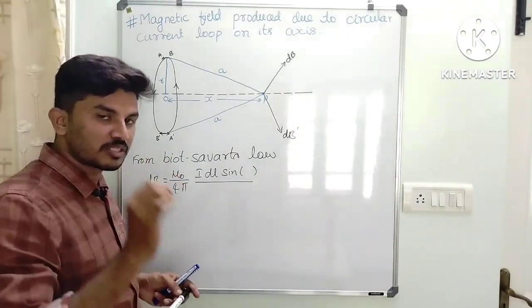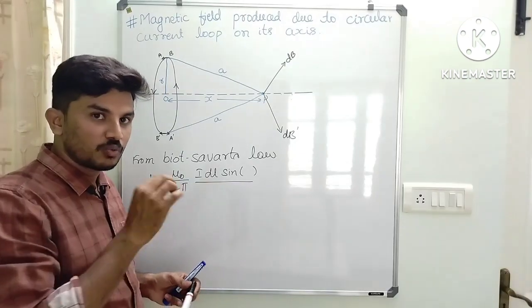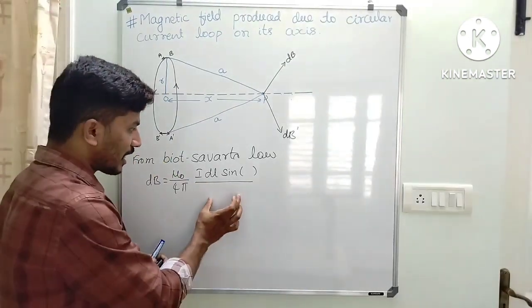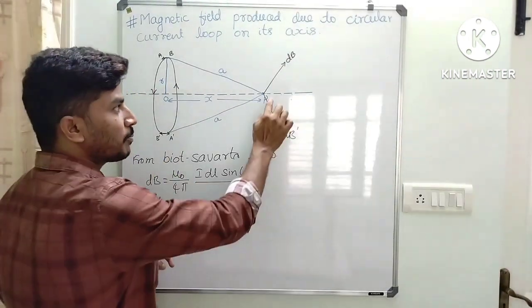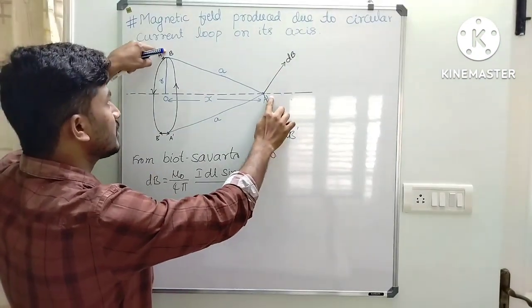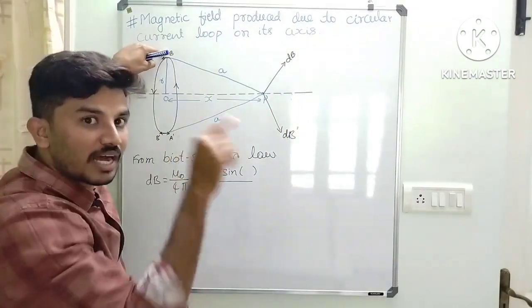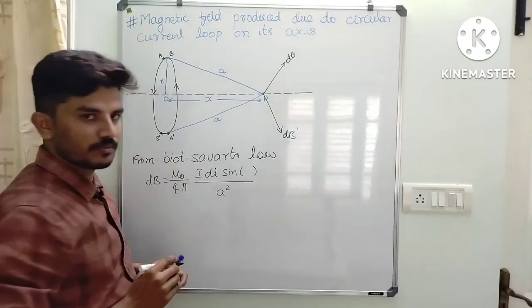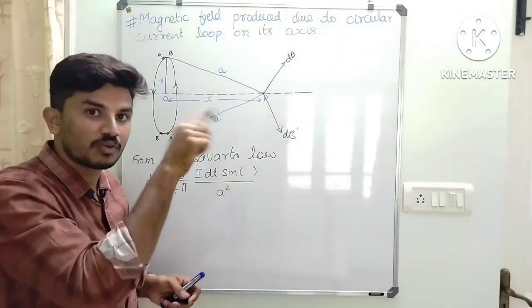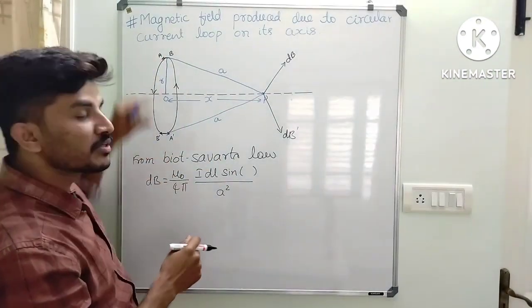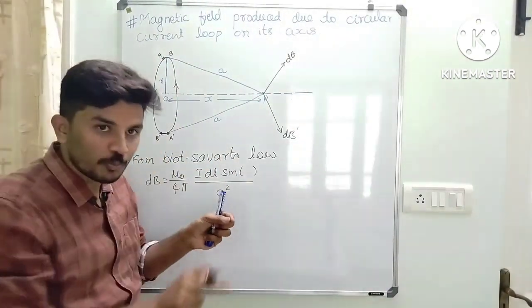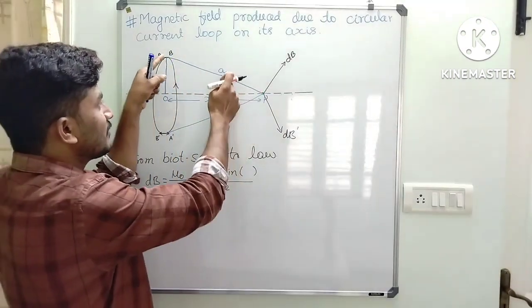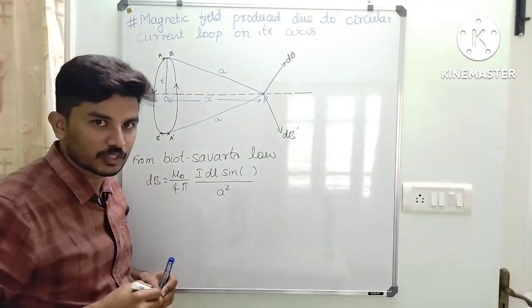Just go through that Biot-Savart's law. We have taken r as the distance between the point P and the current element. Earlier it was r, here it is a, so we write a square. Here r is the radius of the circular loop, but here the distance is given by a, so we write a square.